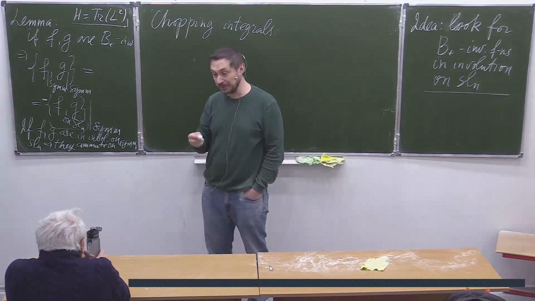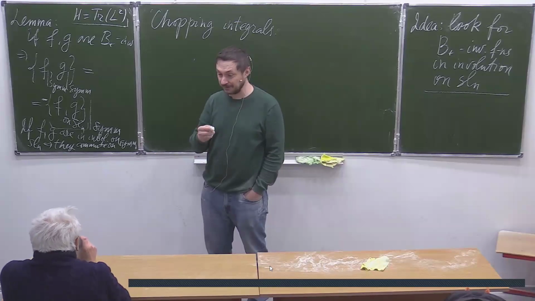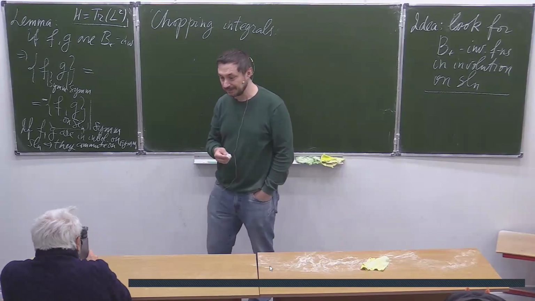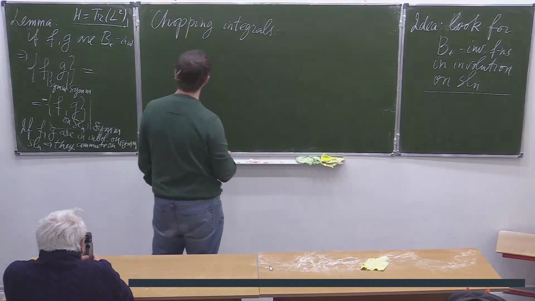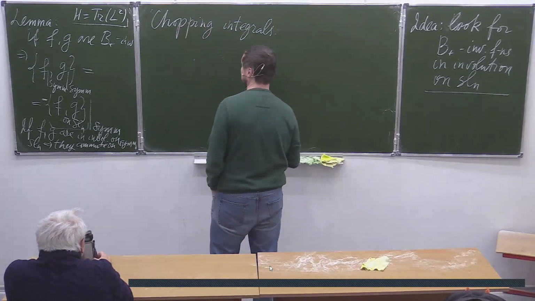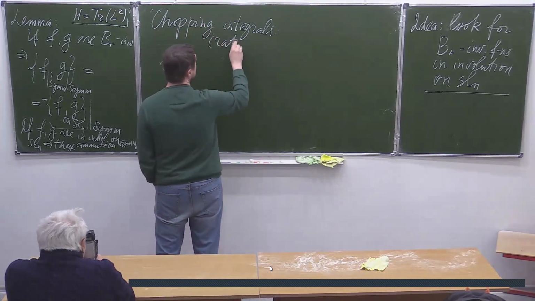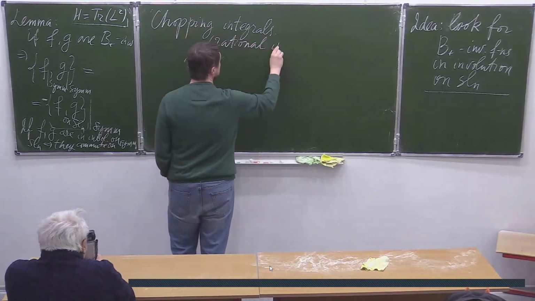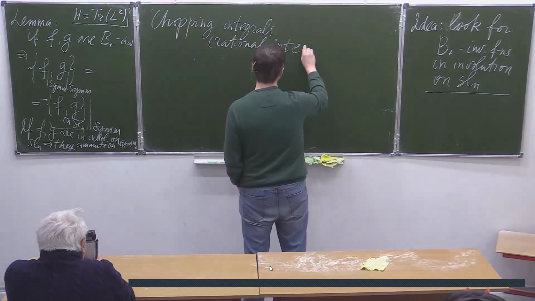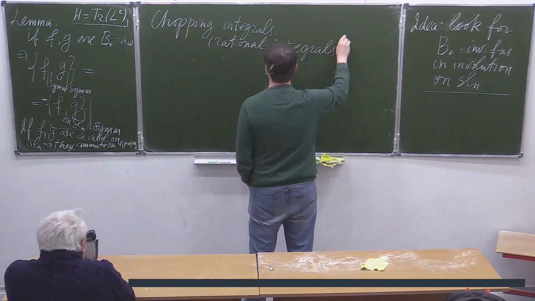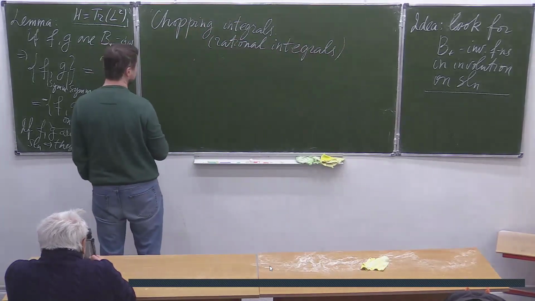It turns out one can actually find rational invariants in this case. Rational will suffice. So Chopin integrals are exactly the construction which gives you rational integrals in this sense. They've been known since 1984, but the proof was totally different. So I think giving some hint of the proof will be a good idea.